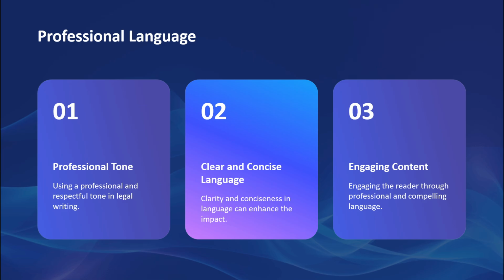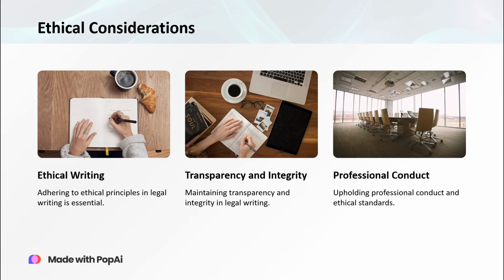Because if your language consists of too much jargon and too much ambiguity, then it can make it hard for the reader to understand what the case was, what the verdict was, and what the outcome of the case was. So keep this in mind. Try to keep things as simple as possible.